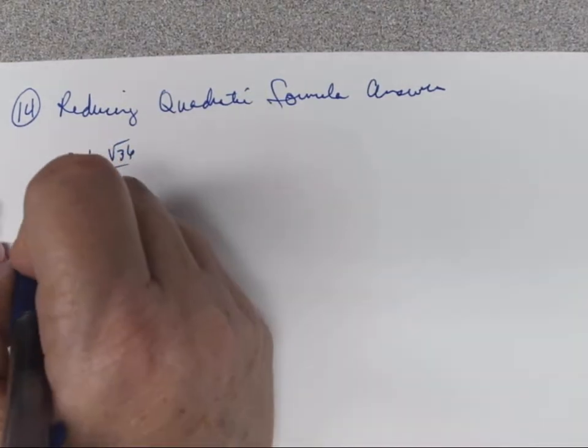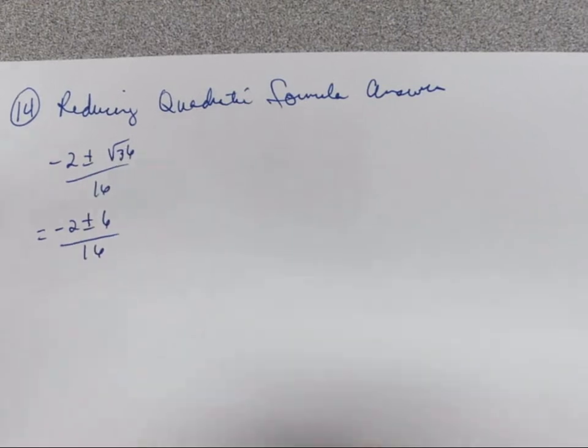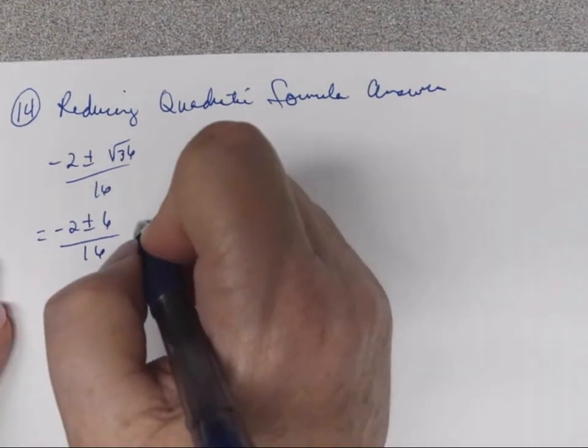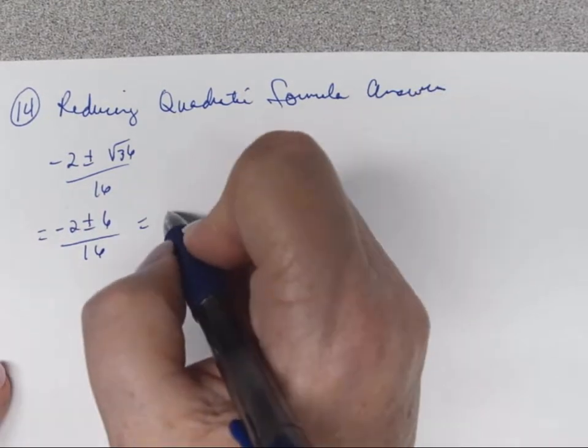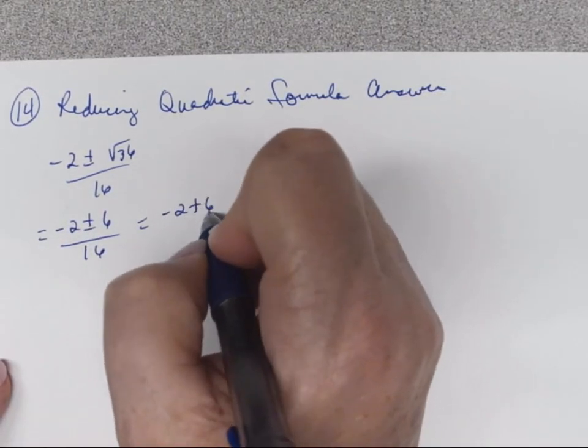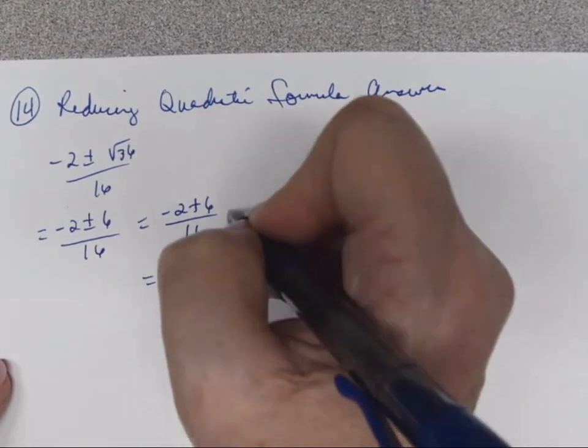So the square root of 36 is 6, so negative 2 plus or minus 6 over 16. So that becomes 2 answers. Whenever you end up with all numbers, you have to simplify it down. So negative 2 plus 6 over 16 and negative 2 minus 6 over 16.